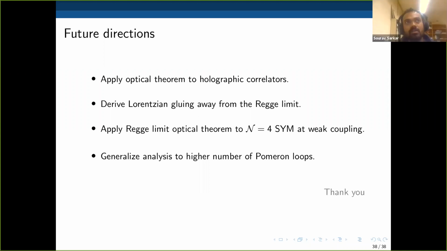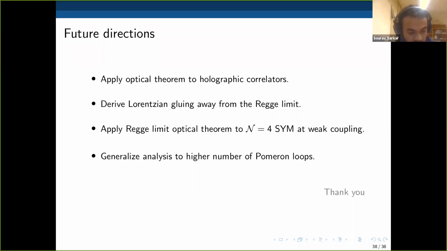I mean, when we applied it to the Regge limit, we did not really, because we don't know. The states that will appear in the optical theorem are states that have no R charge, and the dimension grows with lambda, and they map to massive string states in flat space.